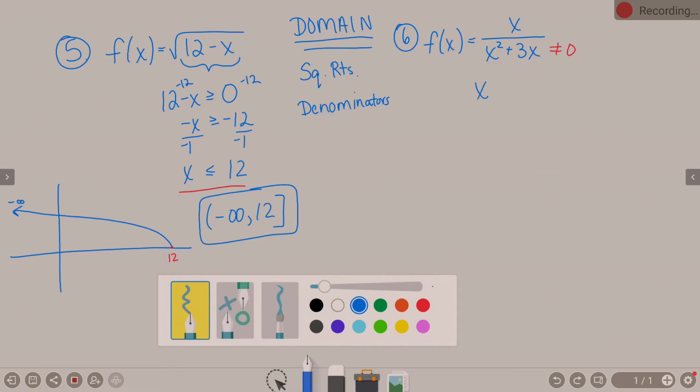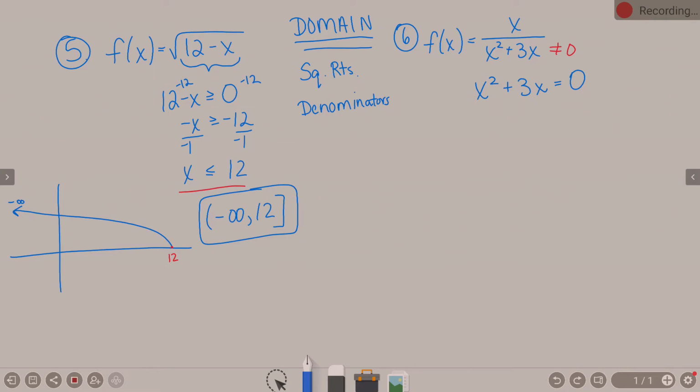So I'm going to set x squared plus 3x equal to 0. I want to know any place that this denominator equals 0. How can I factor this? Factor of x.